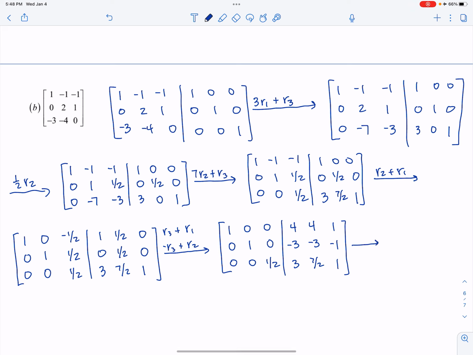And now we can do 2 row 3 to make it a 1. 1, 0, 0, 0, 1, 0, 0, 0, 1, 4, 4, 1, negative 3, negative 3, negative 1, 6, 7, 2.